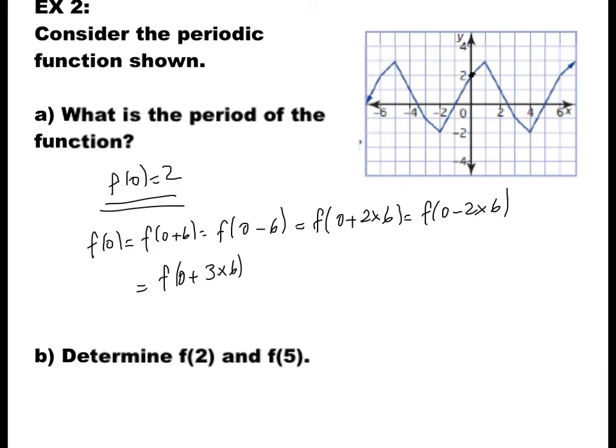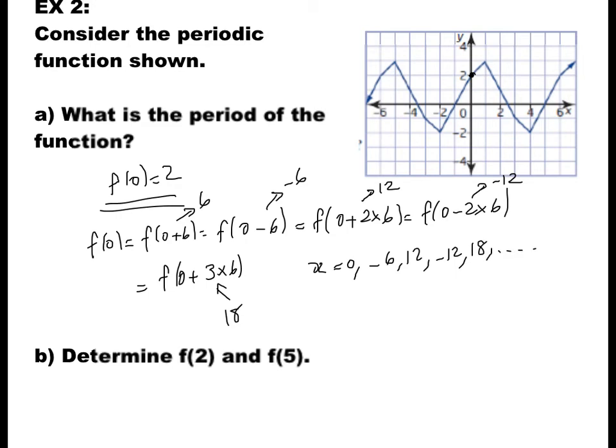Now, 0 plus 6 is going to give me 6, 0 minus 6 is minus 6, 2 times 6 gives me 12, this one negative 12, this one 18, and so forth. So for f of x to be 2, x is equal to 0, negative 6, 12, negative 12, 18, and so forth.